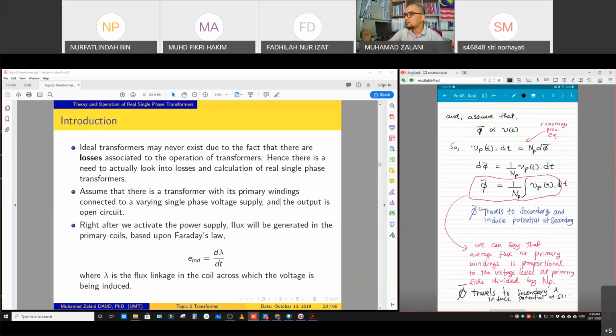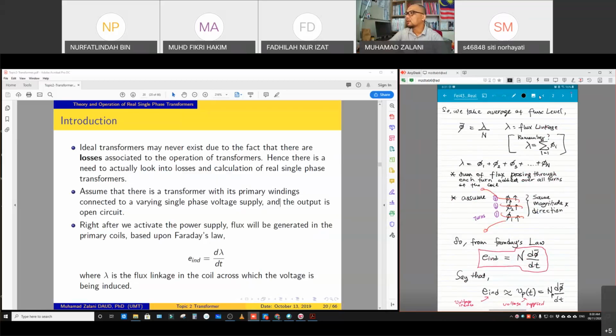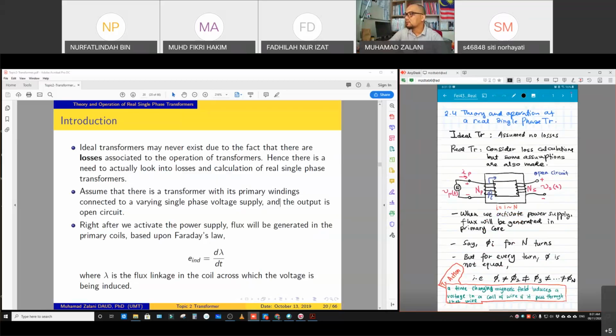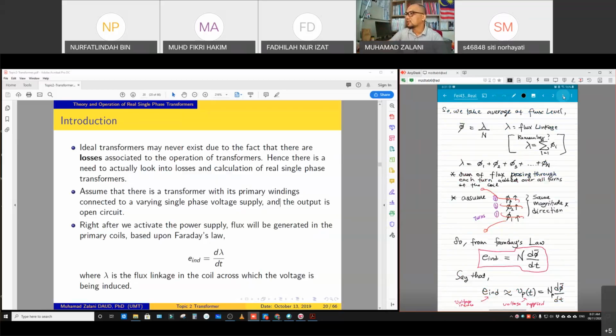So this phi will be traveling through this iron core, which induces the voltage at the secondary part.